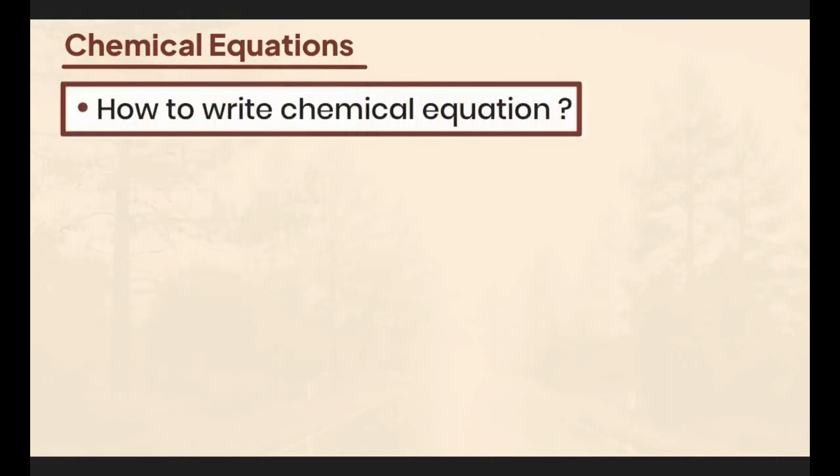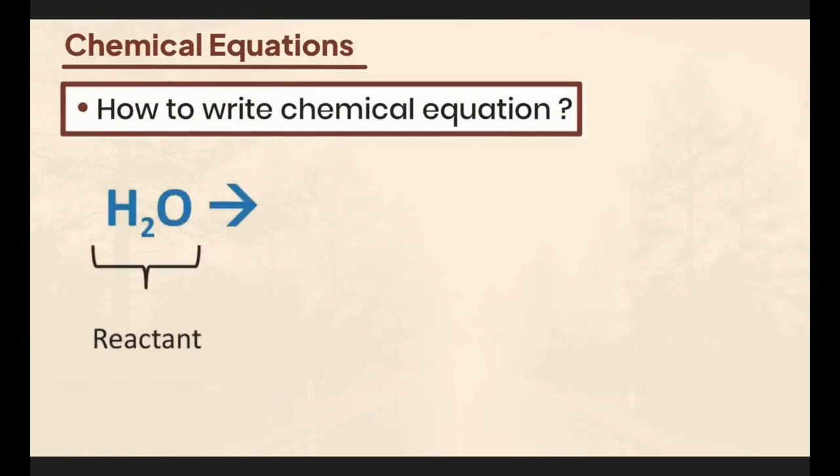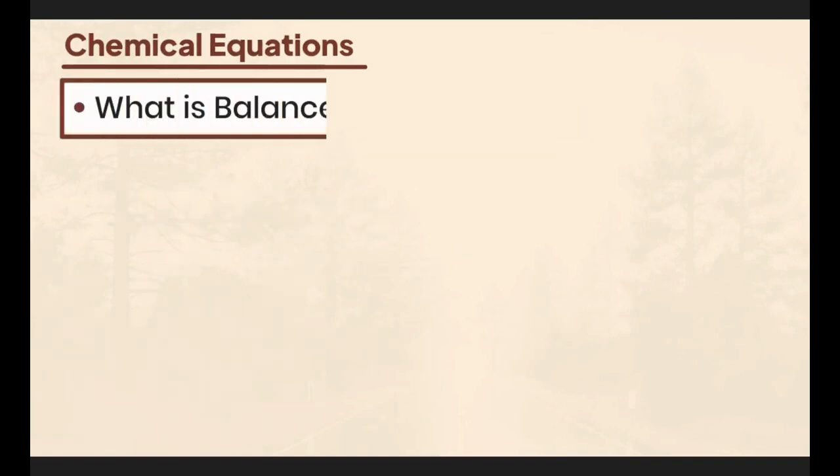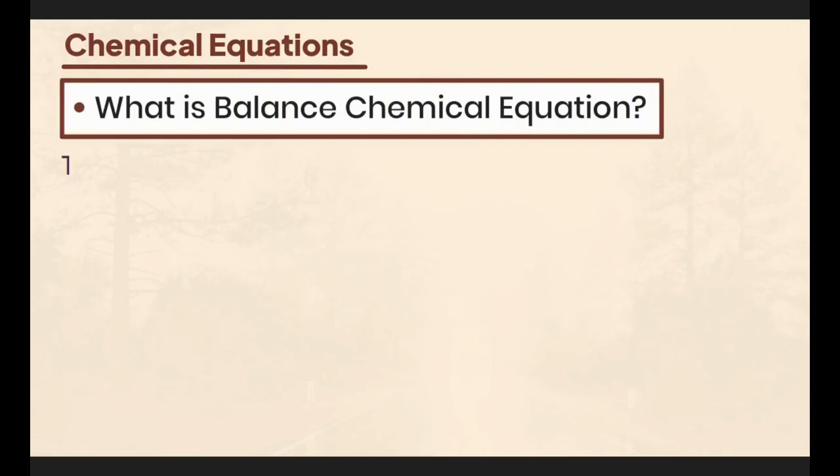That is a chemical equation. And how do we write a chemical equation? For water, the reactant H2O, and the products 2H2 plus O2, with plus as the symbol. That is a chemical equation.